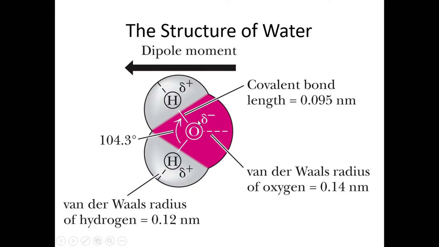So the oxygen has a partial negative and the hydrogen has a partial positive. Also keep in mind that this oxygen has 2 lone pairs of electrons, not depicted here. So it is capable of hydrogen bonding. Therefore, it can both donate and accept.